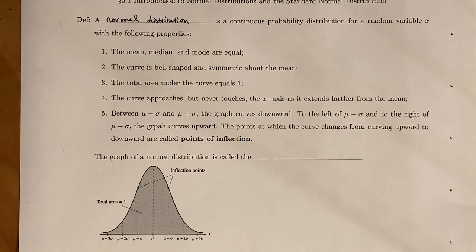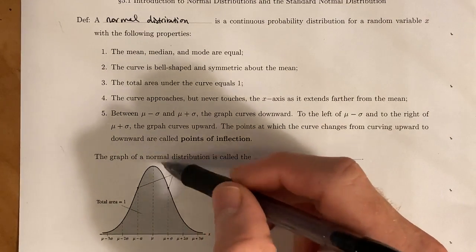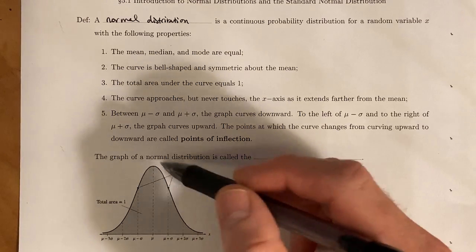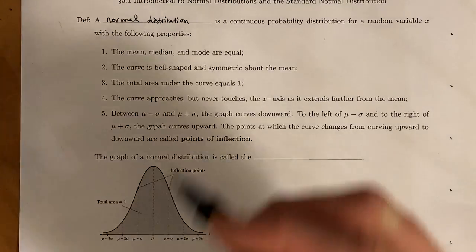And then part 5, between mu minus sigma and mu plus sigma, so essentially one standard deviation away from the mean, the graph curves downwards. So if you think about parabolas, this looks like an upside down parabola over here. That's what is meant by curving downwards. And then to the left of mu minus sigma and to the right of mu plus sigma, the graph curves upwards.